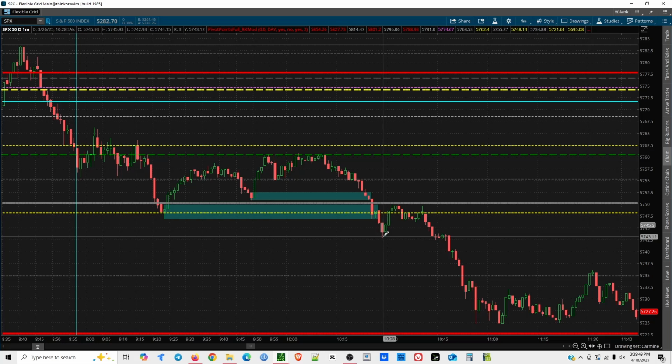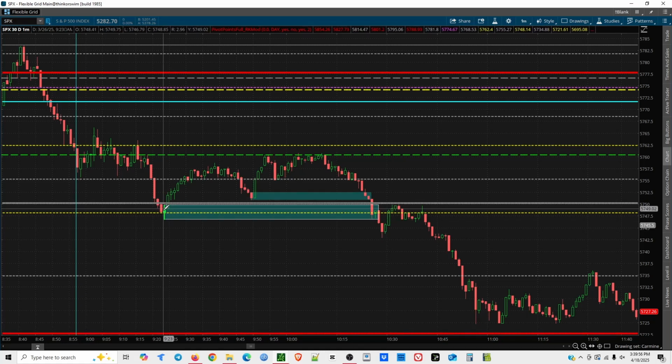And then, as a further slap in the face, SPX does finally bounce and comes up to this area where this weekly pivot line is, where this midline pivot is, and uses that as a place to roll over further.